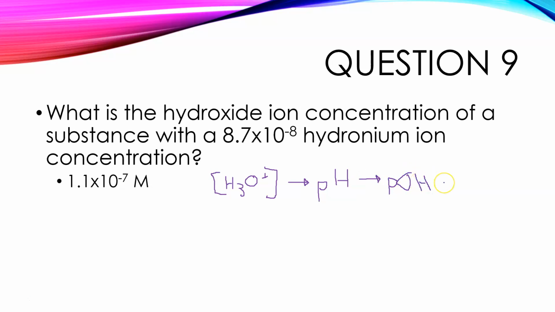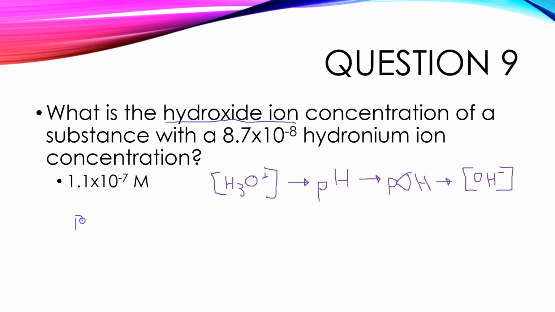And the only thing we know how to convert pOH to is either pH or the hydroxide ion concentration. And since we don't want to go backwards, we know that hydroxide ion is going to be our next thing. And that's what our problem was asking us for. So that's obviously the correct course of action. So now let's look at how we would do this.